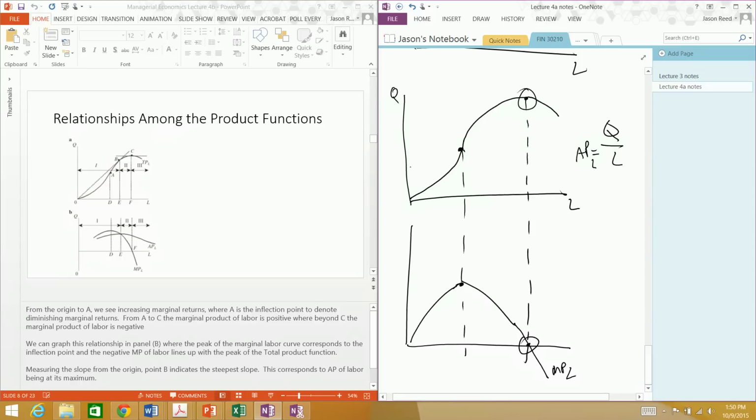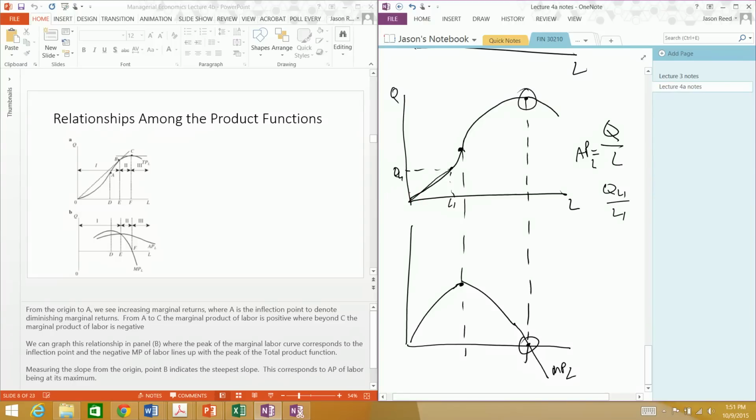So this is Q at L1. If we take this Q at L1 and divide by L1, that gives us our average product at L1. And we can take this, and it's a straight line through the origin.